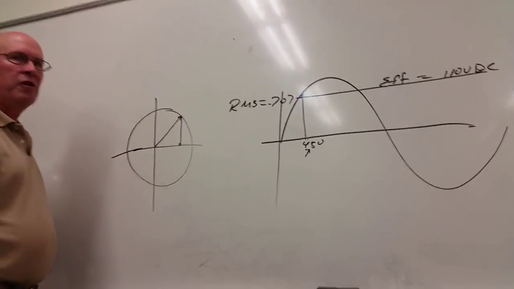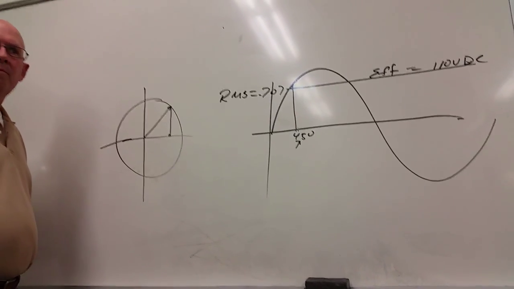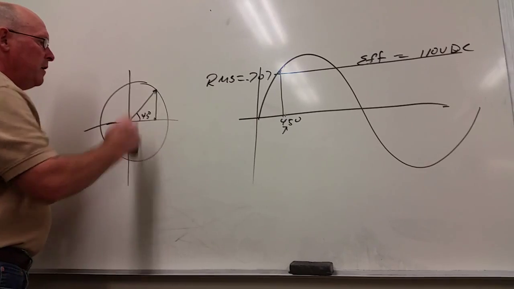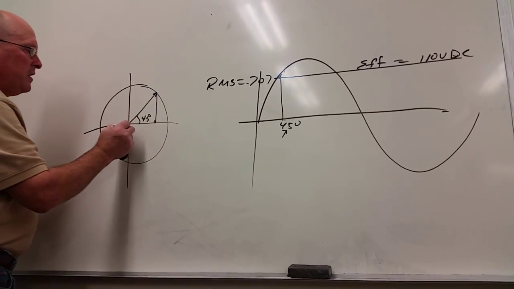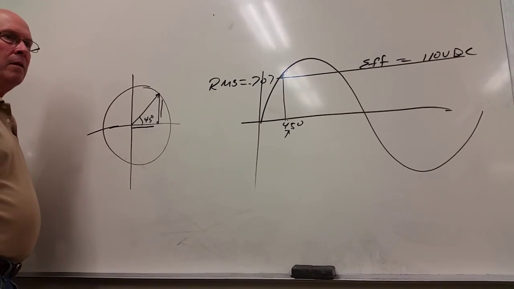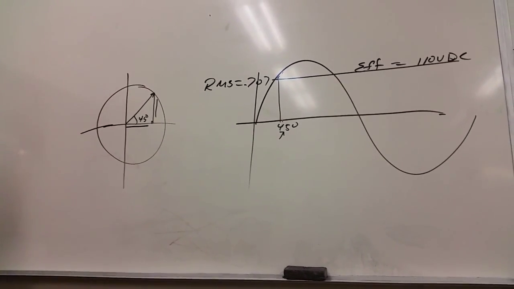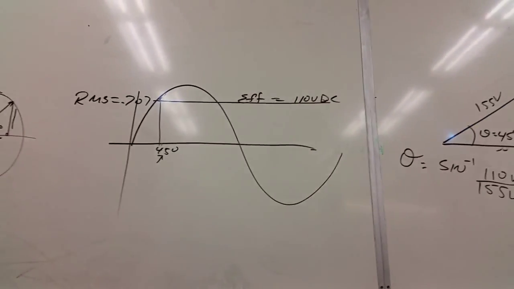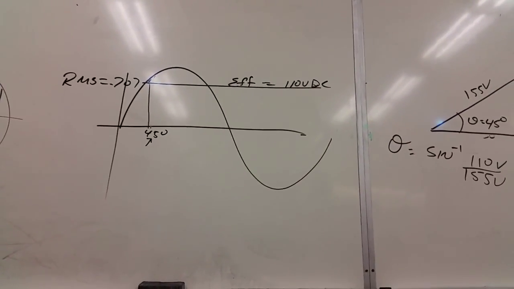It's halfway through, isn't it? So we have our 45 degrees here. That means this side is the same length as that side.